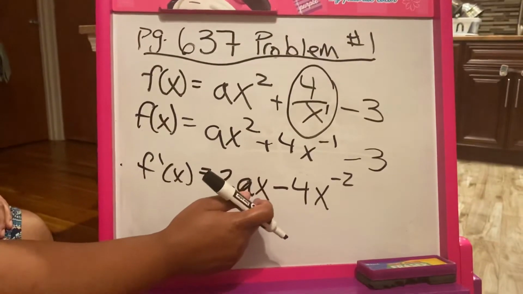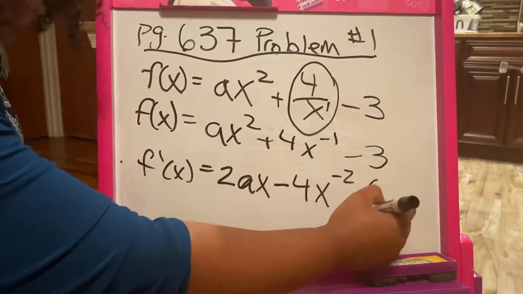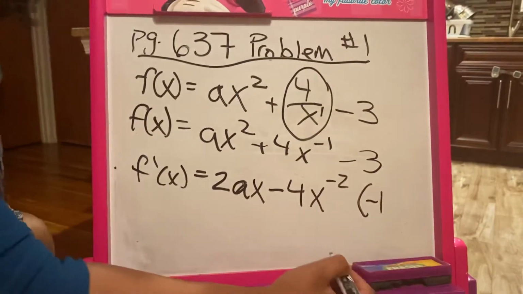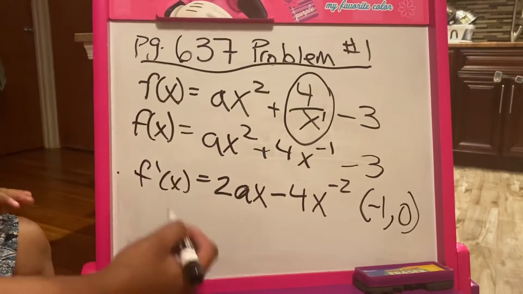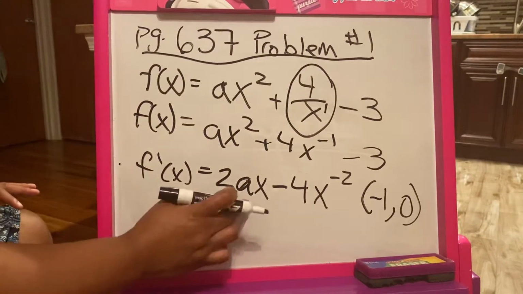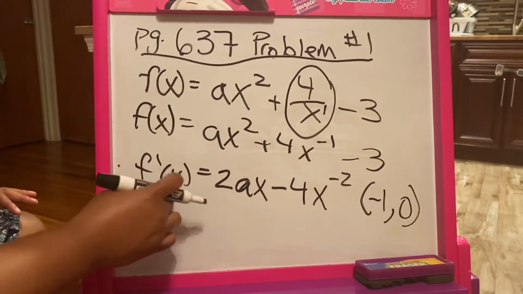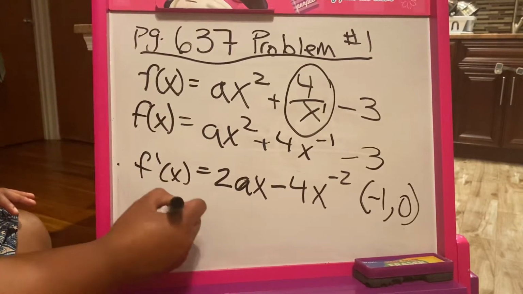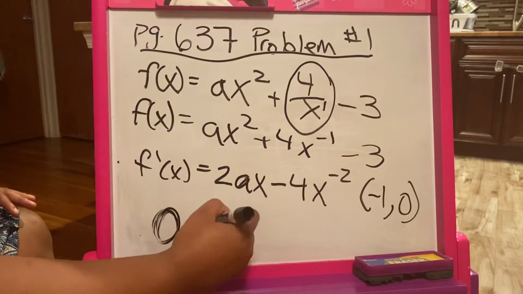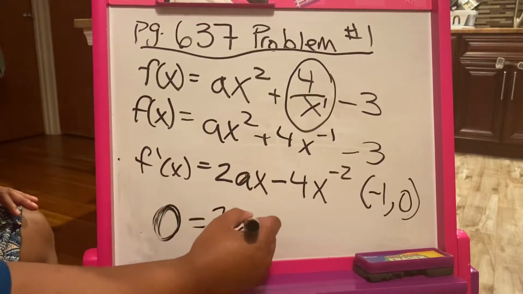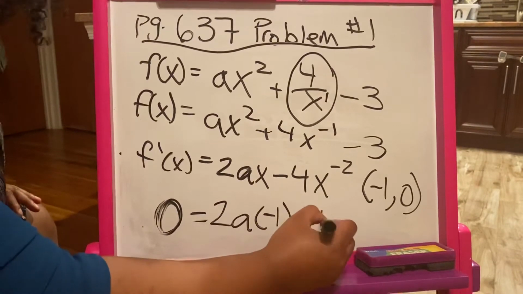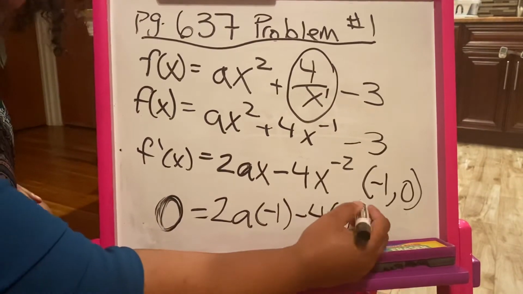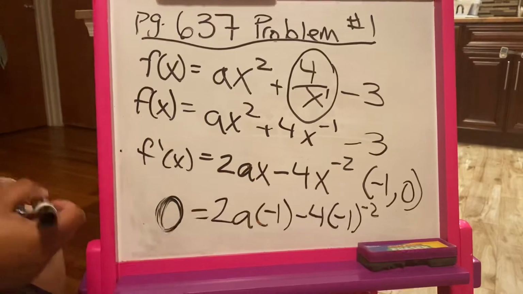A critical point means that we have an x value, which is negative 1, and y equals 0. So one key thing that we have to do to solve for a is make this side equal to 0. It equals 2a, x is now negative 1, minus 4, negative 1 to the negative 2.